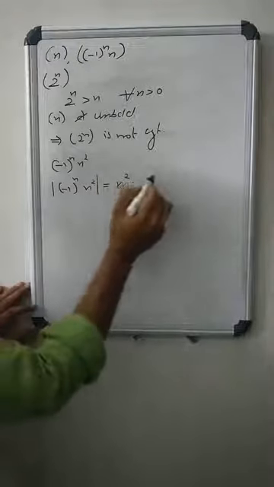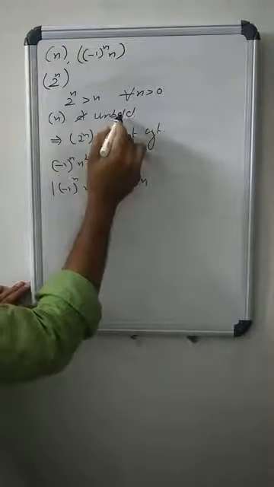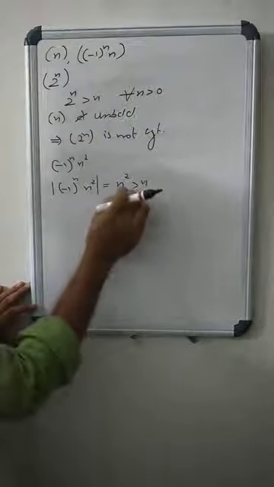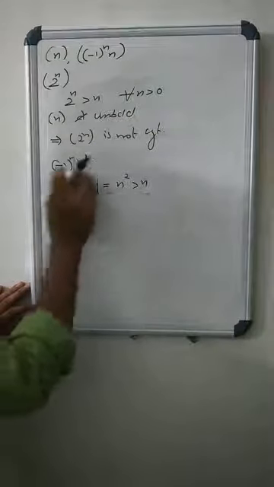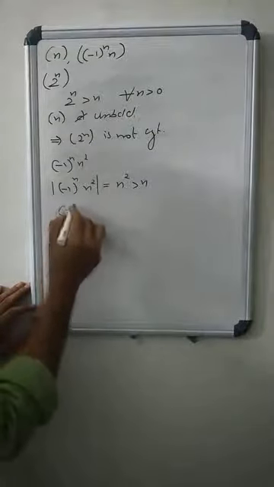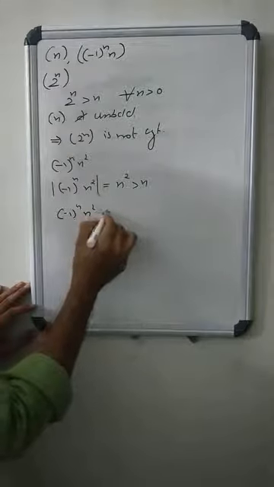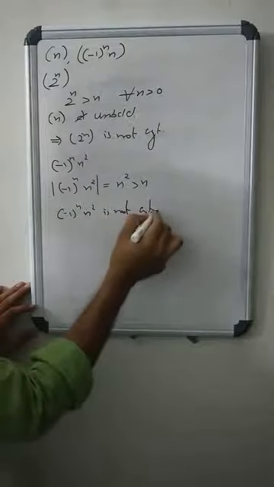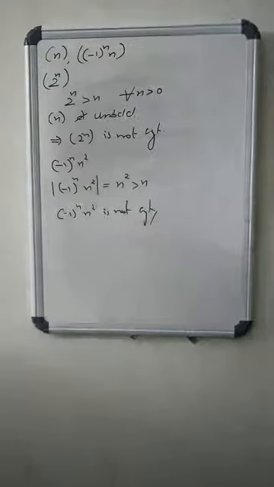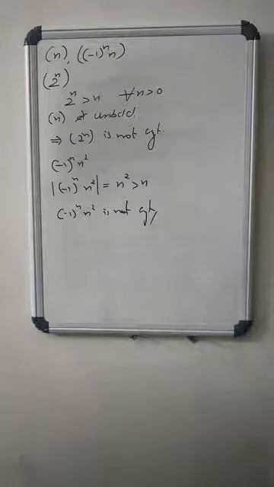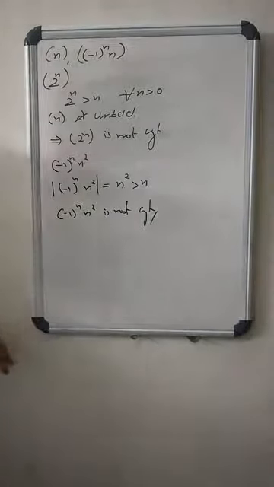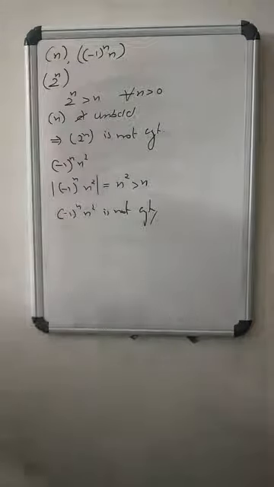But the sequence n is unbounded, therefore the sequence n squared is unbounded. Hence the sequence (-1)^n n squared is not convergent. So like this, we prove the convergence and divergence of different types of sequences.